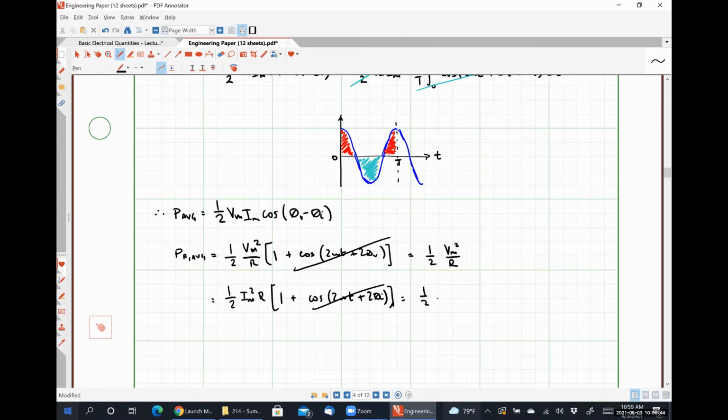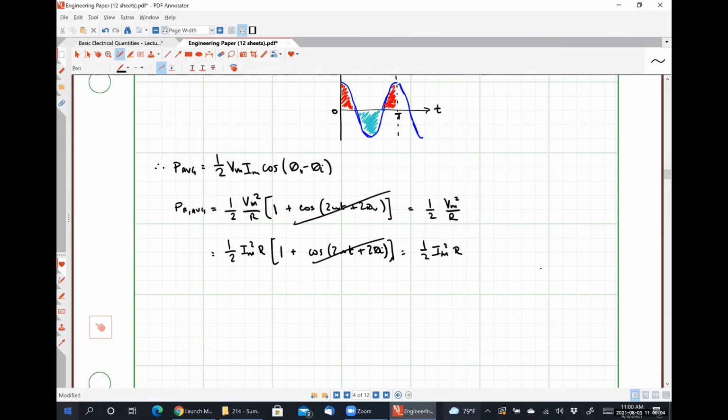We're just left with 1/2 IM squared times R. So our average power in an AC circuit is just 1/2 times what we would get in a DC circuit for a resistor specifically.